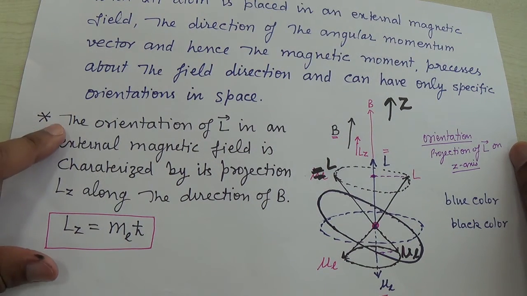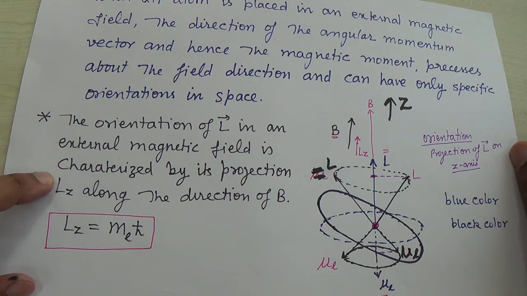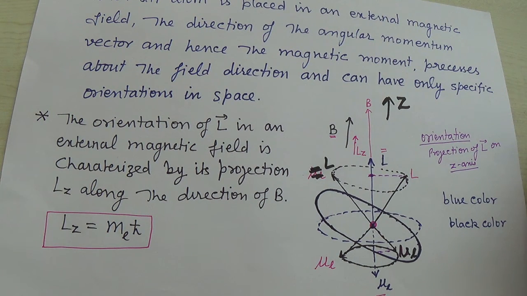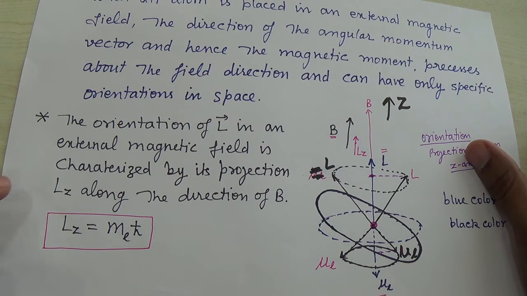So here the orientation of L in an external magnetic field is characterized by its projection Lz, right? Whenever one applies an external magnetic field on the atom, the orientation of the plane of the atom is characterized by its projection Lz.